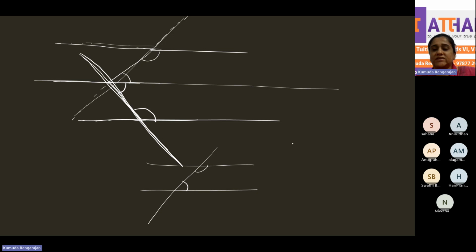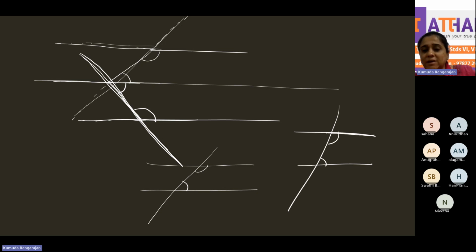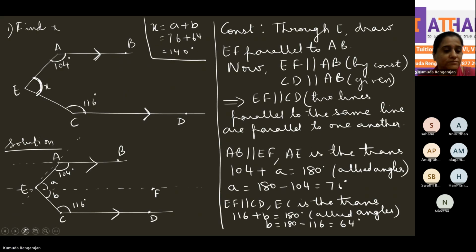Allied angles are always like this. For allied angles, one arm will be the parallel line, and the other arm will be the transversal.